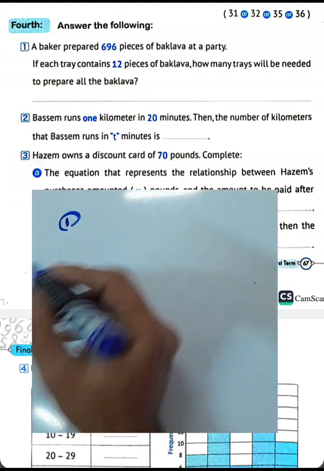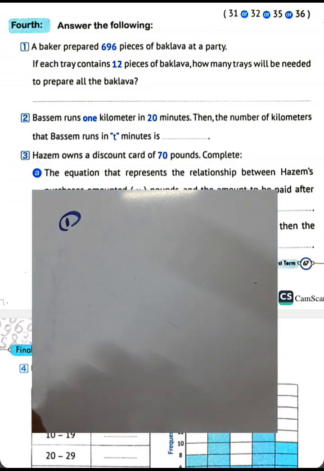Fourth question, number 1. A baker prepared 696 pieces of baklava for a party. If each tray contains 12 pieces of baklava, how many trays will be needed to prepare all the baklava?